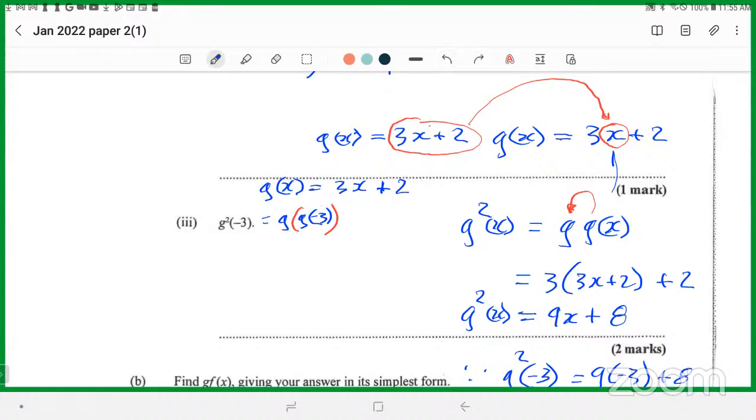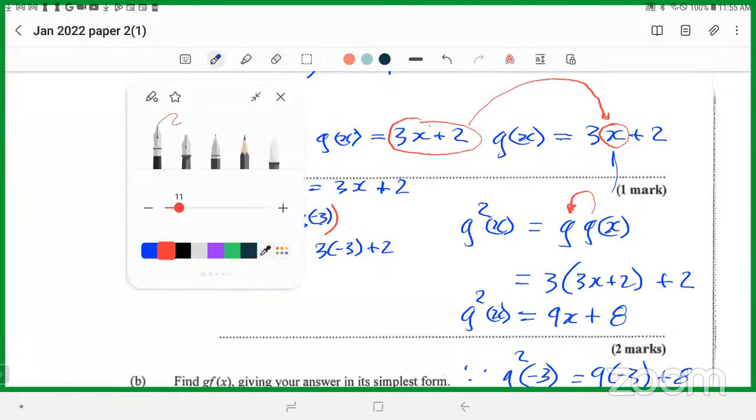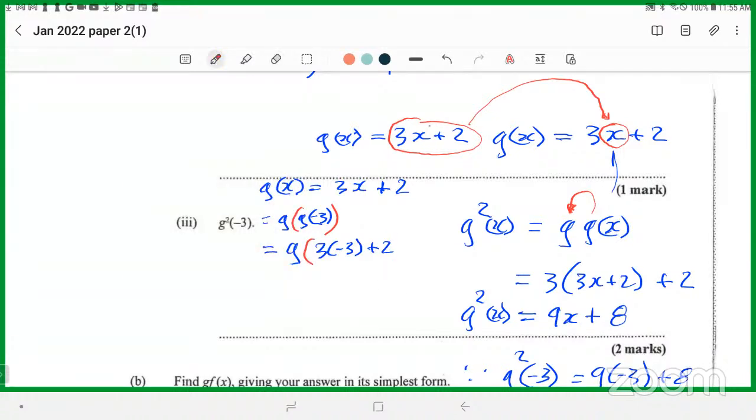So if we work it out, we're going to get this equal to g of 3 times minus 3 plus 2 inside the red bracket. I'll put a red bracket so you can see it more clearly. Inside the red bracket, I'm working out the g of minus 3. All right, what do I get inside here? Minus 9 plus 2 is negative 7.